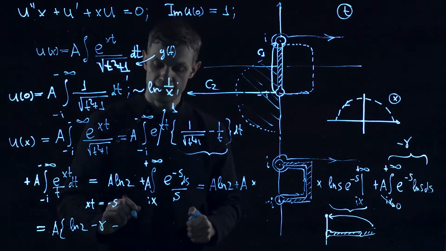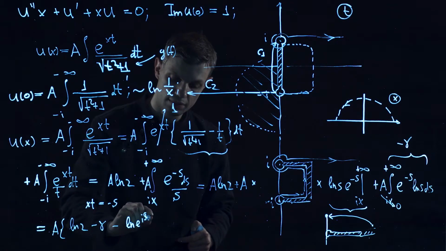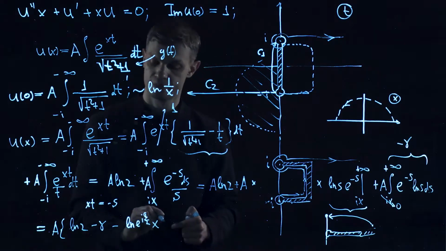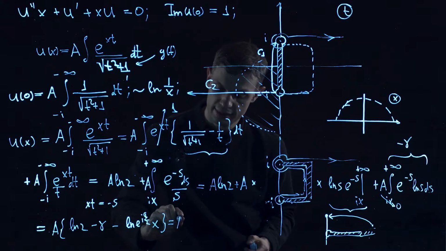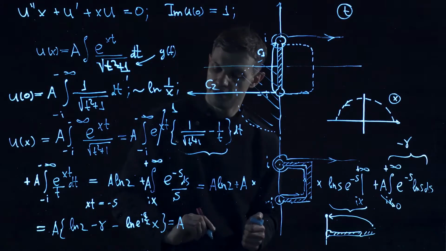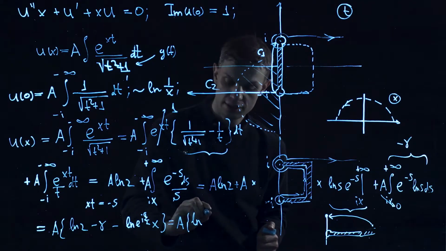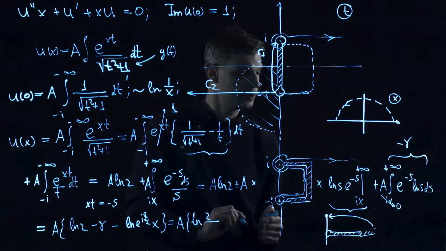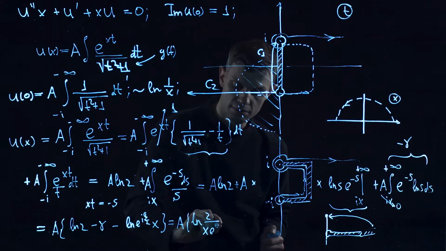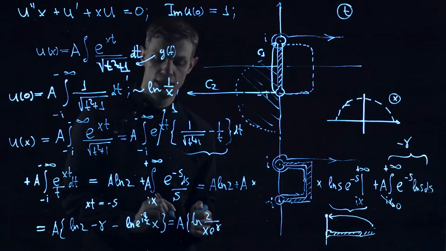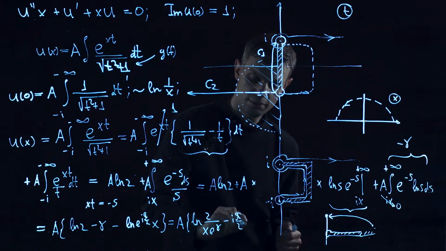So now you get the logarithm of e to i pi by 2 x. Right, and finally we get the answer. So our answer is the logarithm of 2 divided by x times e to gamma, and minus i pi by 2.